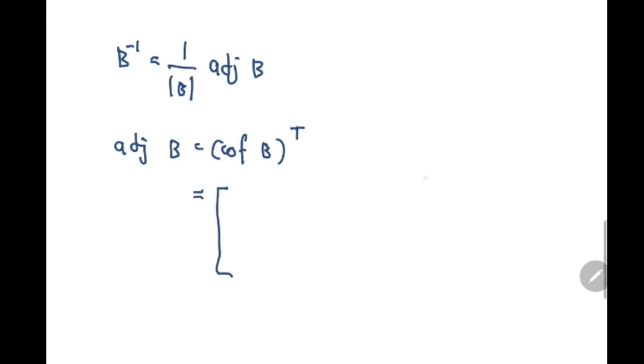The transpose of the cofactor B, you will get 2, negative 2, 2, negative 4, 4, negative 2, and 4, negative 5, 2. Last but not least, you can get B inverse is equal to 1 over negative 2 times the adjoint.